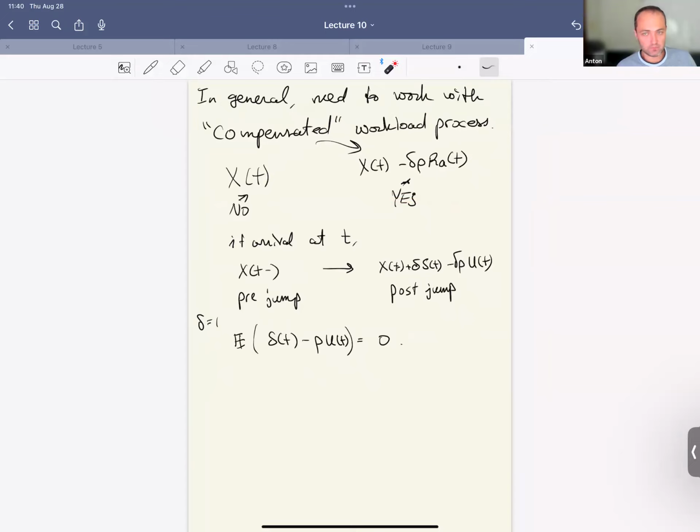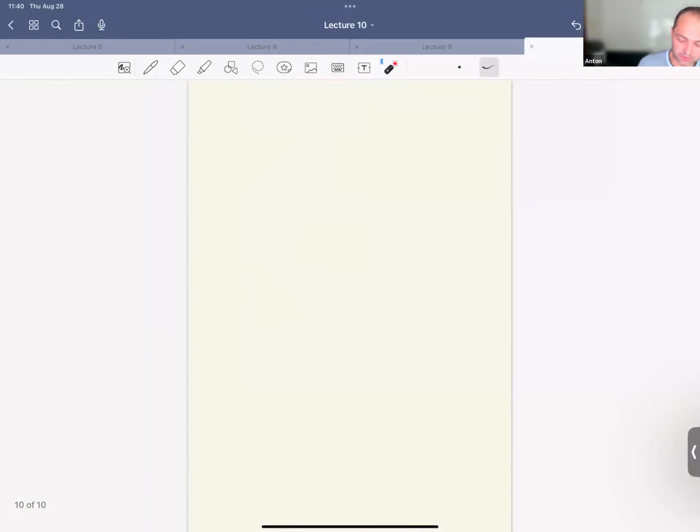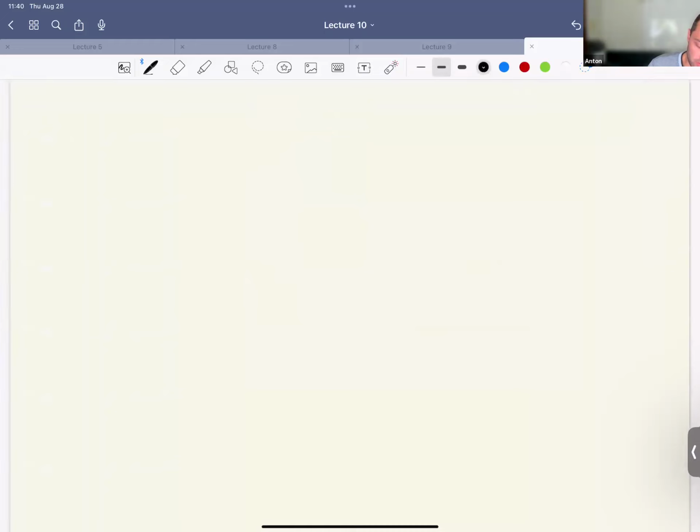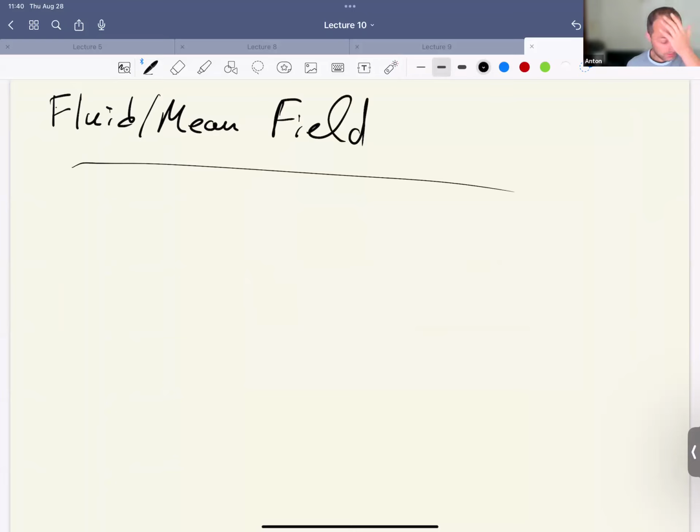Cool. I want to switch gears for my last maybe 15 minutes, because I do want to highlight what happens for fluid or mean field. And really, I think you could spend probably another week or two just discussing these things.